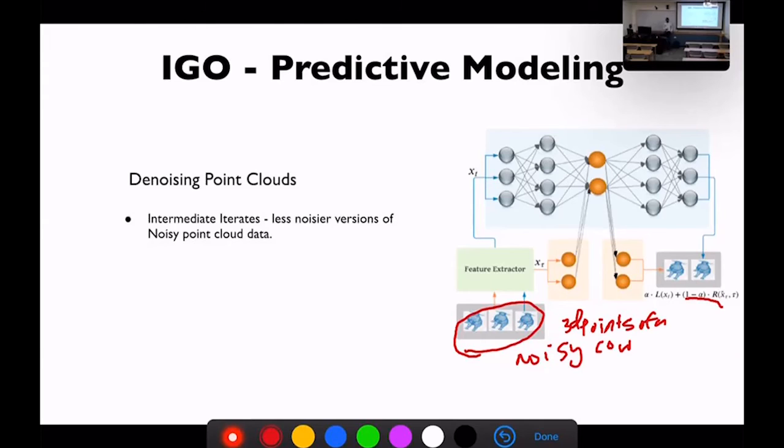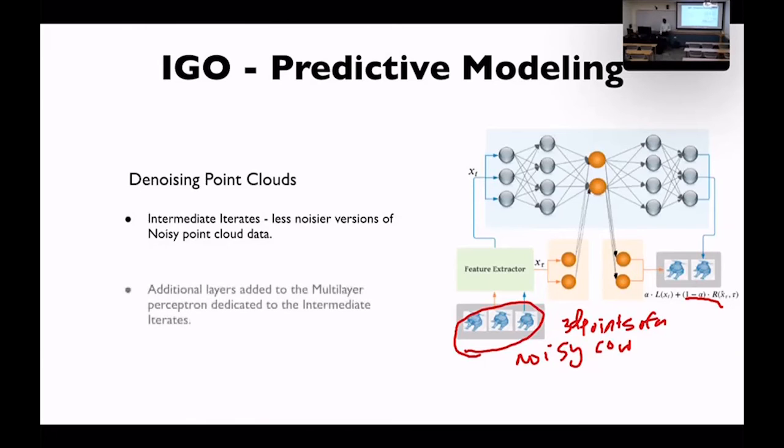In your training data, you always have the noisy and the denoised point clouds. So you can create a less noisy version by just taking the average of the noisy point cloud and the clean point cloud. That's what we use as the intermediate iterates here.